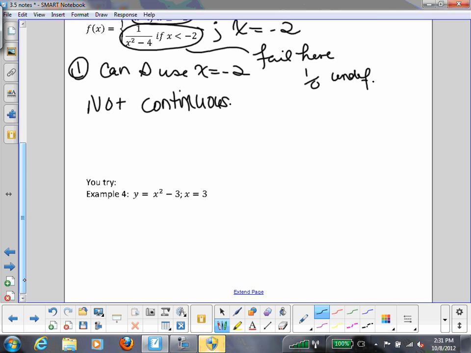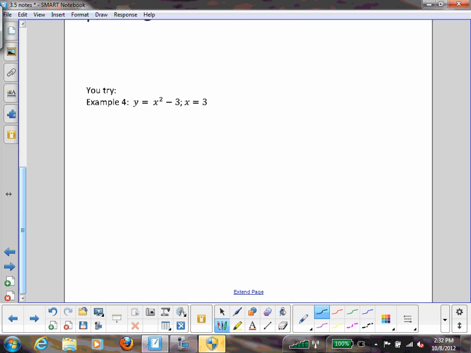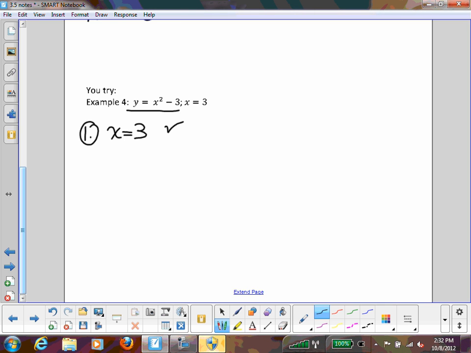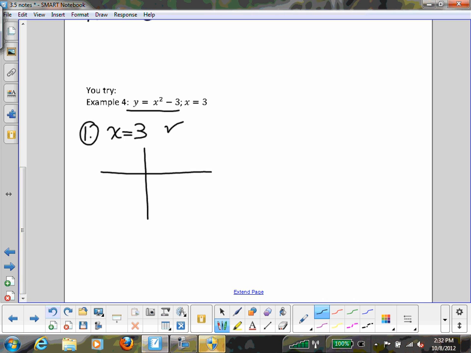Okay, so here we go. X squared minus 3 is my function. Can I use x equals 3? Does it exist? I can use it. I don't have a denominator, so it's all good. What's my chart going to look like? What value am I going to use to the right of 3?